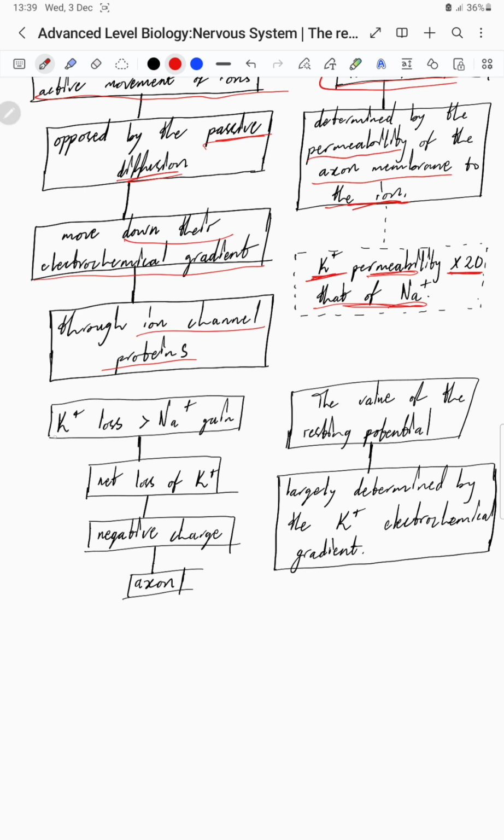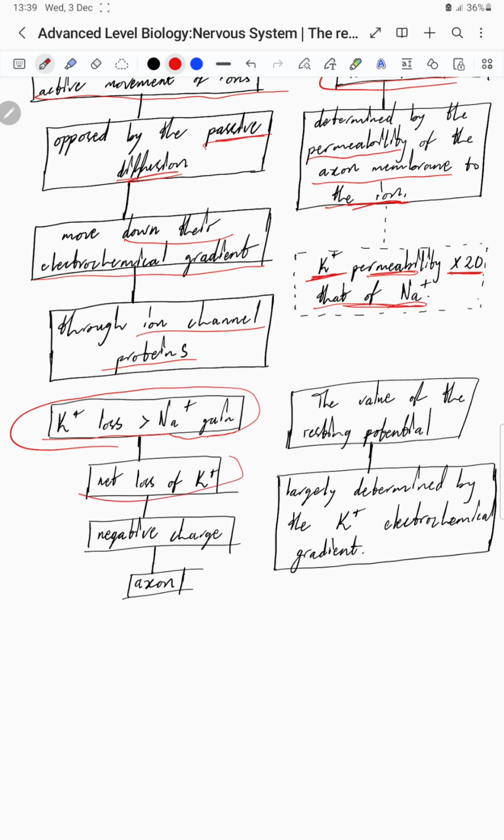So sodium ions in, sodium loss is greater than sodium gain. We are seeing that because of the permeability ratio, the sodium which moves in from high concentration to low concentration, there is actually more loss of sodium than the gain of sodium because of the ratio at which this is happening.